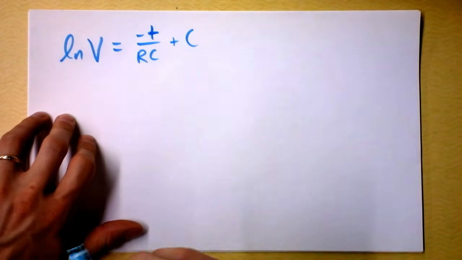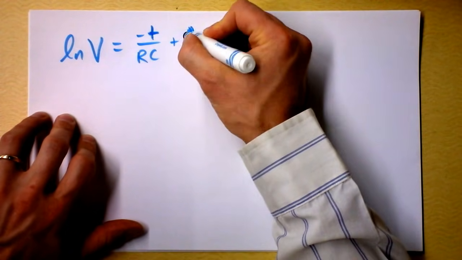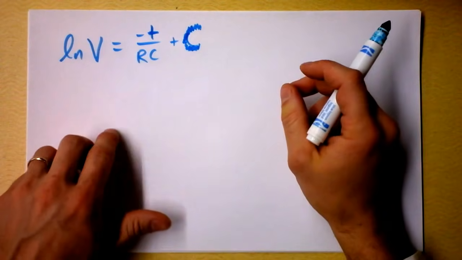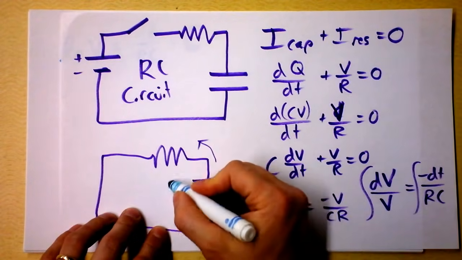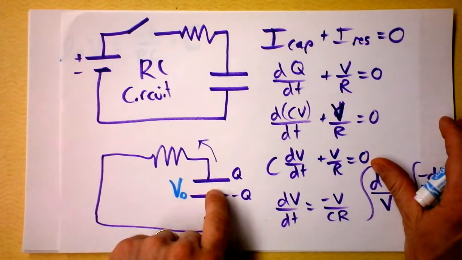I got to make one of these fuzzy, see? There. That's a fuzzy C because it's not the capacitance, it's a random constant. Probably depends on the initial conditions, and I'm going to call these initial conditions V naught. That's the initial voltage on that capacitor.